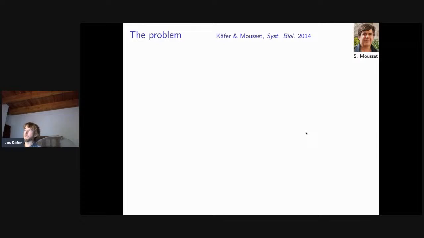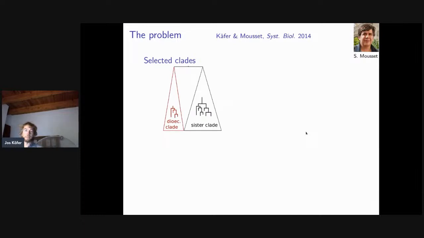what the problem was. So here you have two clades that are selected to be in your study, a dioecious clade and a sister clade, and they have the same ancestor. So if you see that the dioecious clade is smaller, then of course you would expect that diversification is slower here, right?